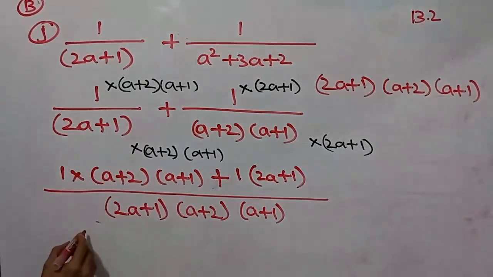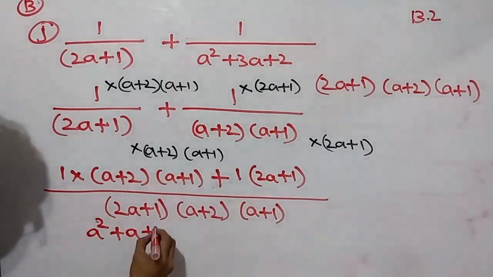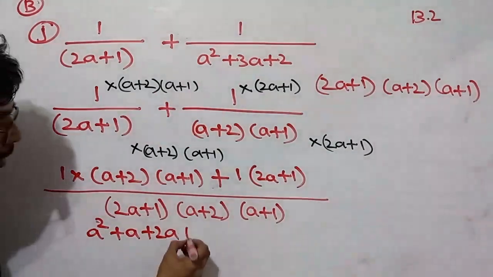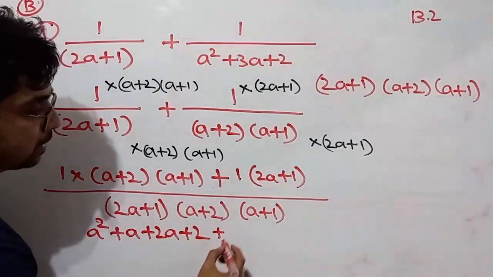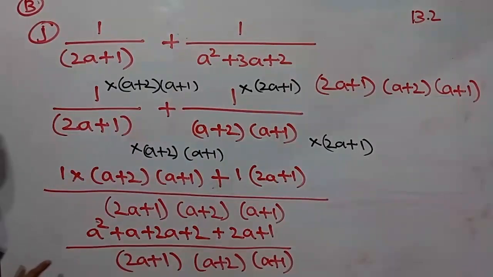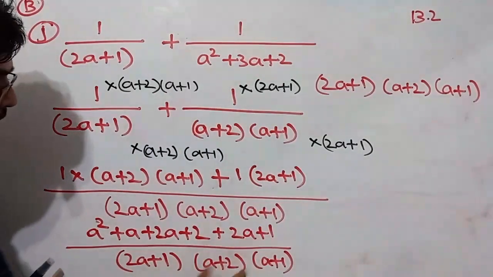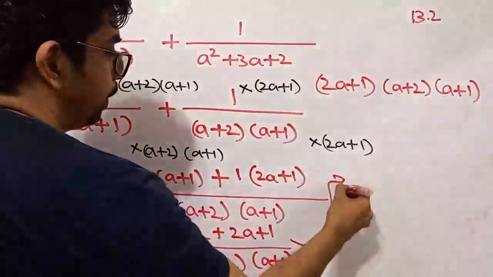So a into a, we are getting a squared. a into 1, positive a, 2 into a, positive 2a, plus 2. Plus 2a plus 1. Then the entire expression needs to be divided by the LCM. So actually we can do some simplifications here.